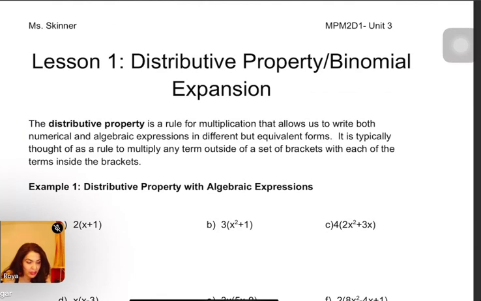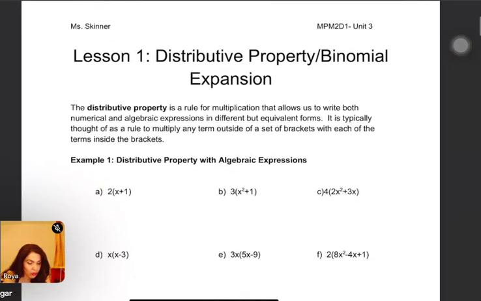The distributive property is a rule for multiplication that allows us to write both numerical and algebraic expressions in different but equivalent forms. So I'll go with an example.